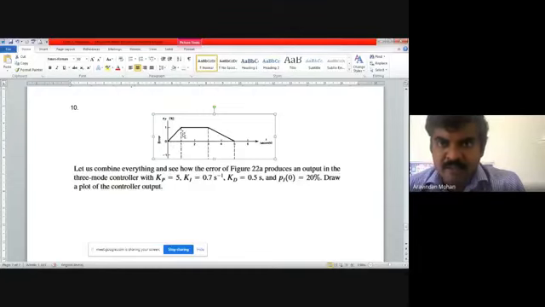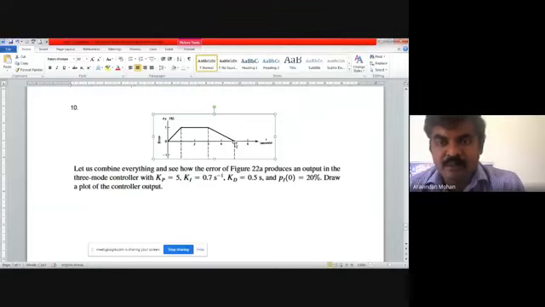Between the time interval 1 to 3, it is maintained as a constant at 1, and from 3 to 5 seconds it keeps decreasing to a value of 0 again.